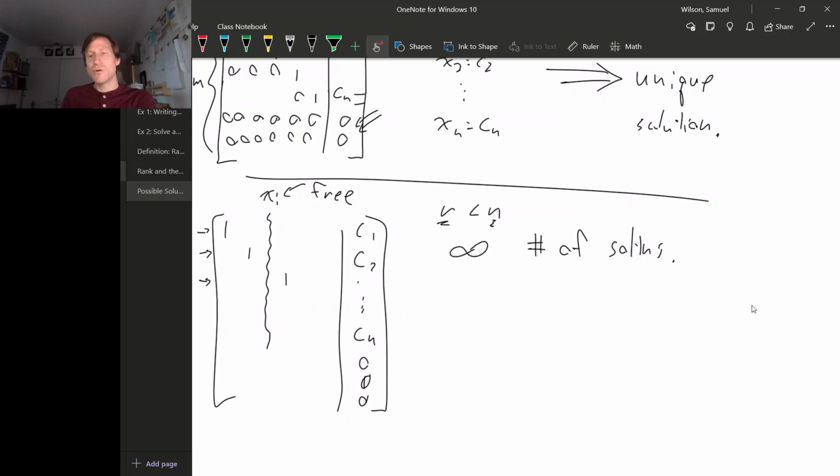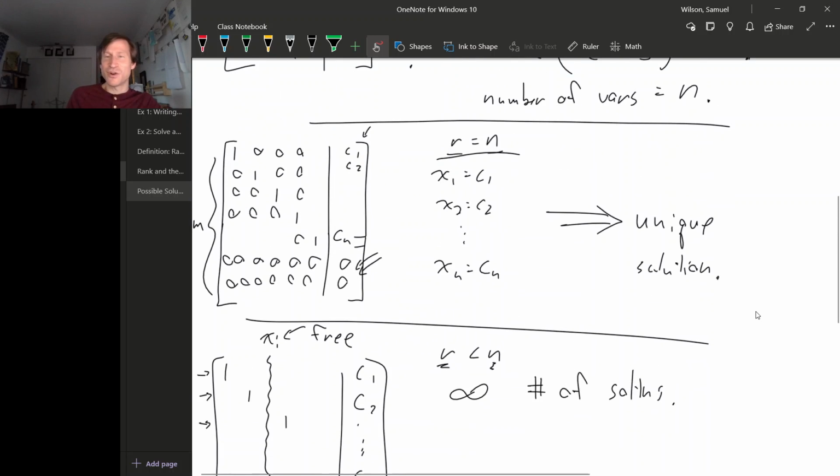All right. So we sort of knew already that the three possibilities for a linear system of equations are no solutions, unique solution, or an infinite number of solutions. But now we can distinguish these two, unique solution or infinite number of solutions, based only on the rank.